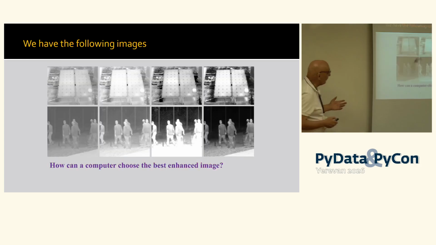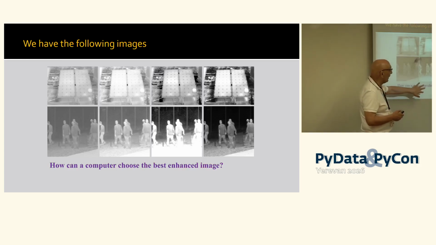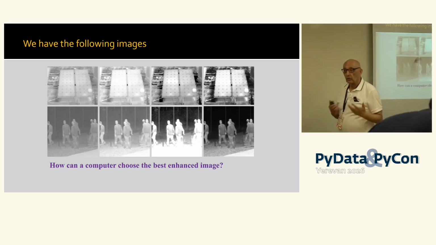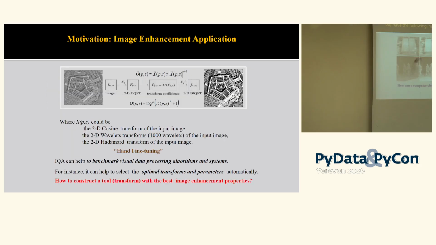Okay, now these are examples. Recently we developed this in Armenia. Here we have images with different kinds of image enhancement, totally different, and we wanted to see how we can choose the best one. It's understandable: yes, there are several problems, but all the same thing.